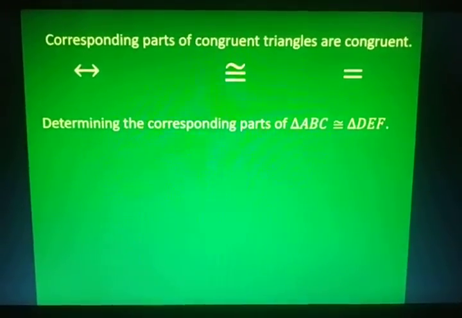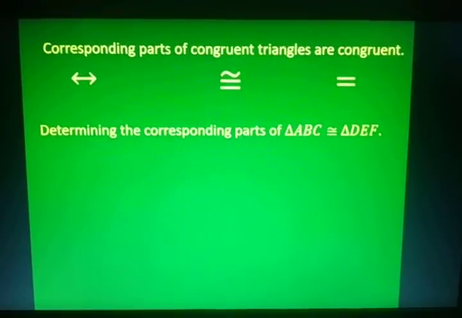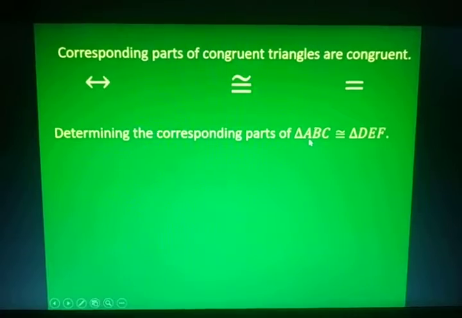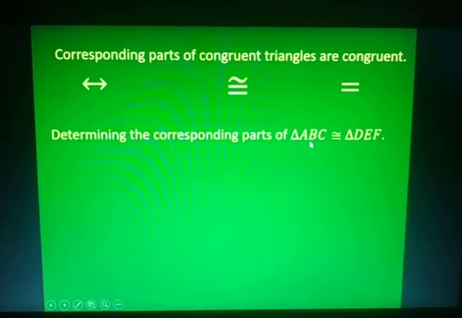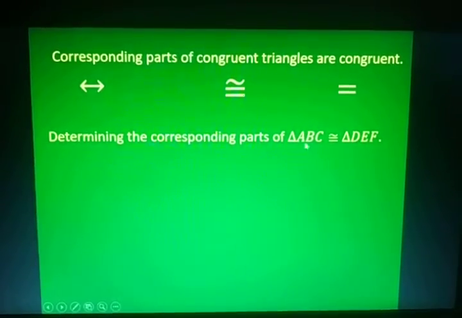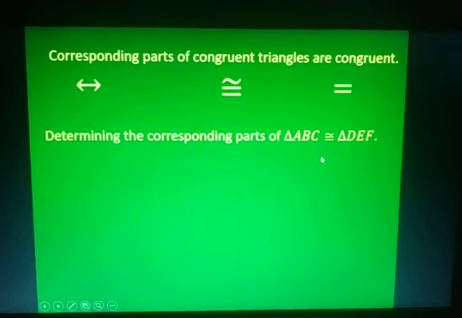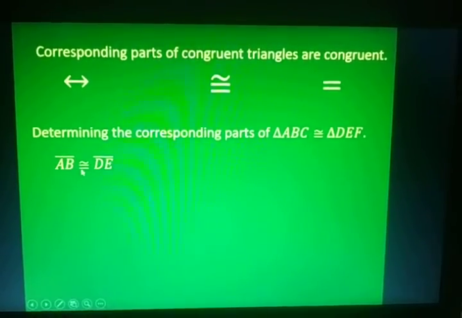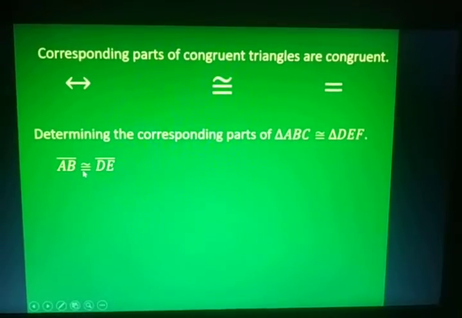I wrote the sides because that is our focus. For the sides, we just follow the order. We have the symbol: side AB corresponds to side DE. Just follow the order: A, B, D, E. Side AB is congruent to side DE because they are corresponding.